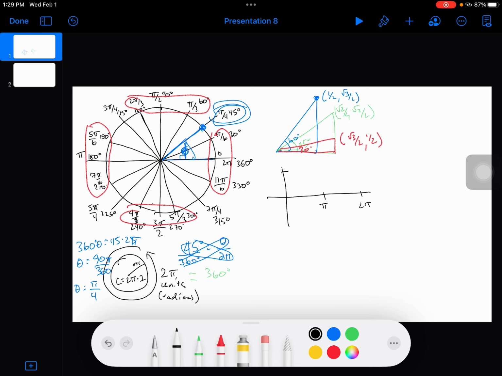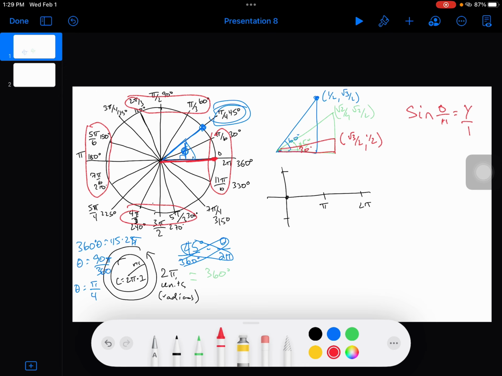And for sine, it looks like we start at 0 because on the x-axis we have 1 on the x-axis and 0 on the y for sine, which is the opposite over hypotenuse, or the y over 1.